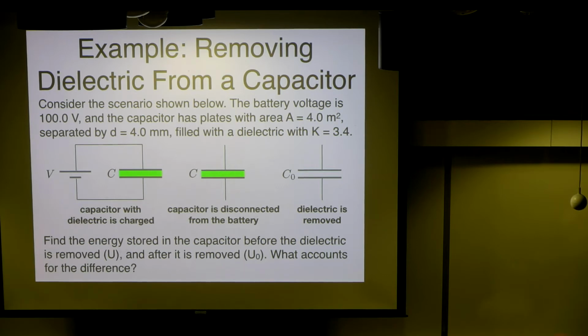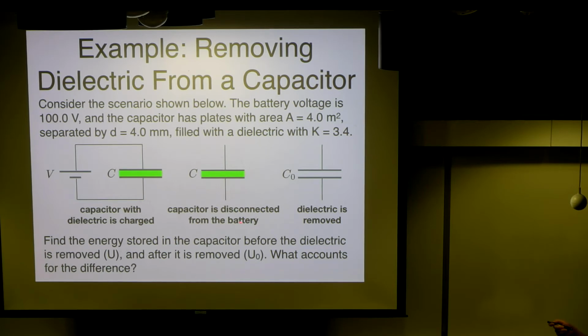We have a battery with a voltage of 100 volts, and we have a capacitor that has plates with area 4 square meters separated by a distance of 4 millimeters. And initially it's filled with a dielectric with a K value of 3.4. So now, we're going to charge that capacitor up by connecting it to the battery. That's the first step.